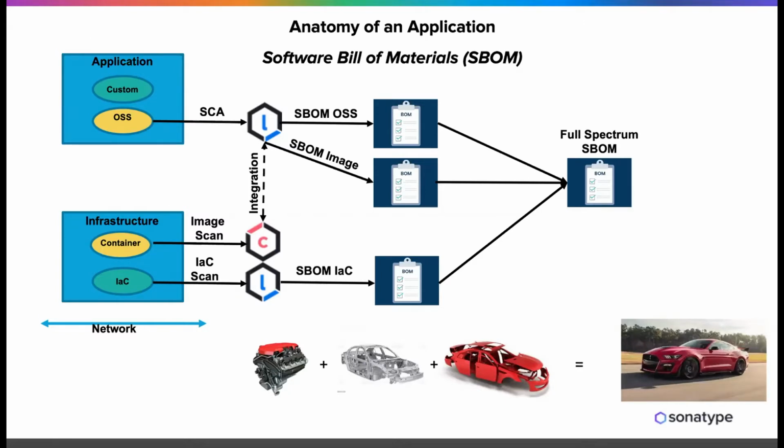So again, we started with software composition analysis on open source, where we can generate a software bill of materials for your application. And now with the integration to Nexus Container, we can also generate that software bill of materials for your base image and your container.